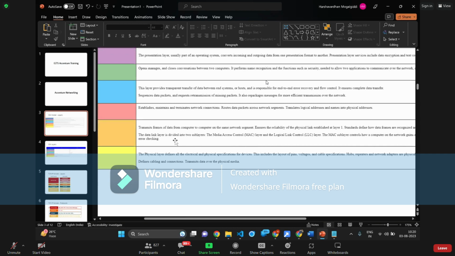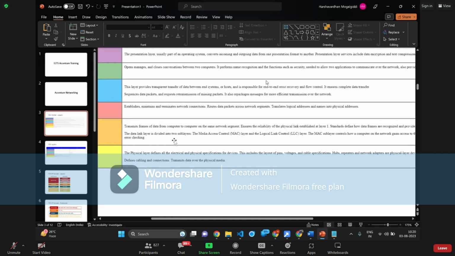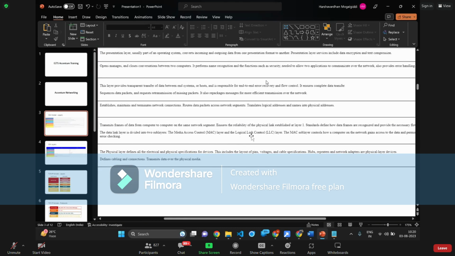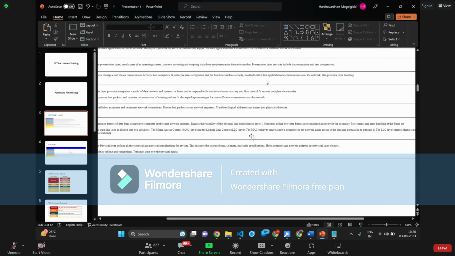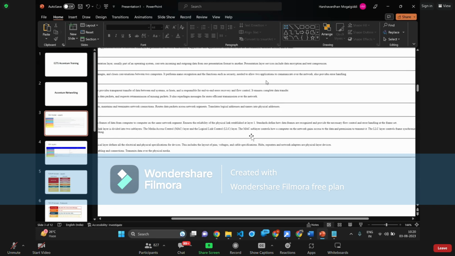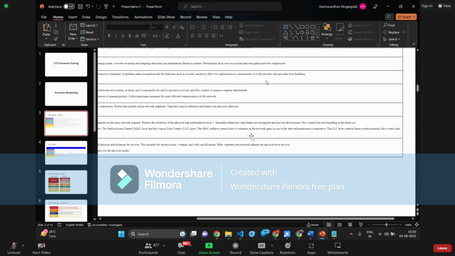Now the data link layer is divided into two sub layers: MAC layer and logical link layer. I am pretty sure you must have heard of what MAC layers are, LLC layers are. The MAC sublayer controls how a computer on a network gains access to the data and permission to transmit it.